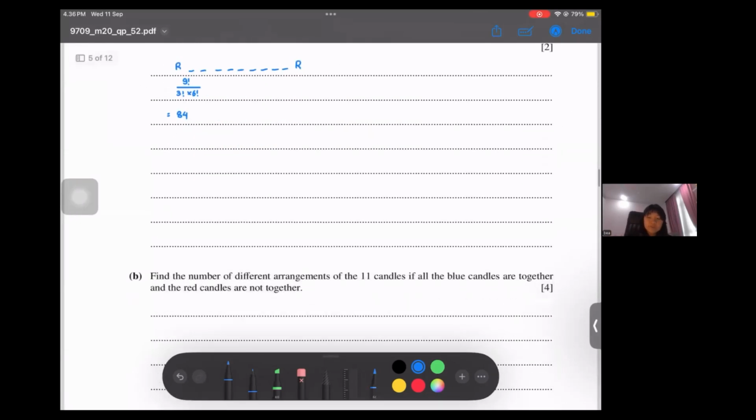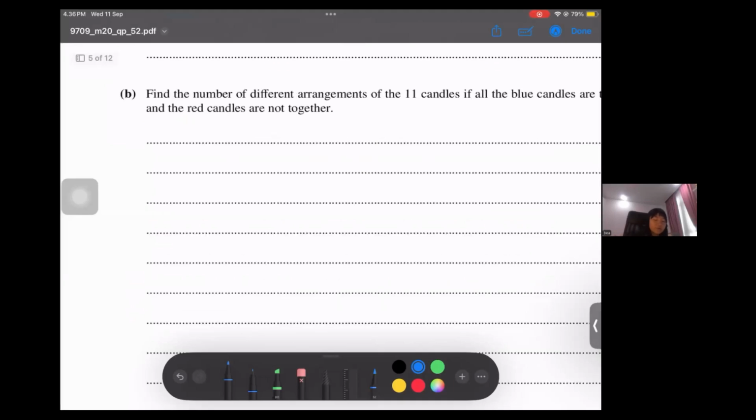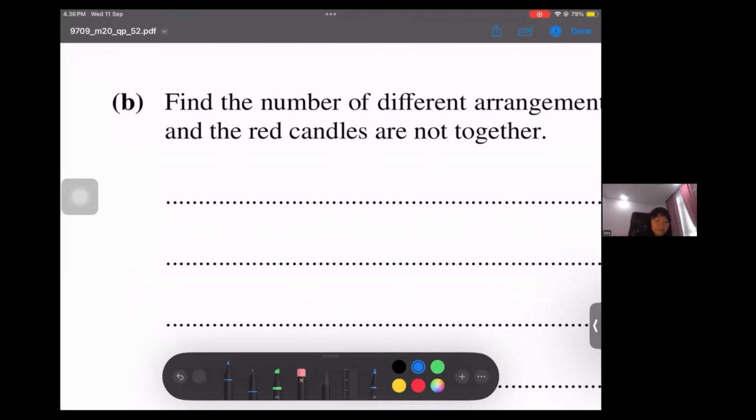Now let's move on to B. Find the number of different arrangements of the 11 candles if all the blue candles are together and the red candles are not together. There are several ways to do this question, but here will be my explanation on how to do it. So first, we can find the arrangement of when the blues are together. So arrangement of blue together.